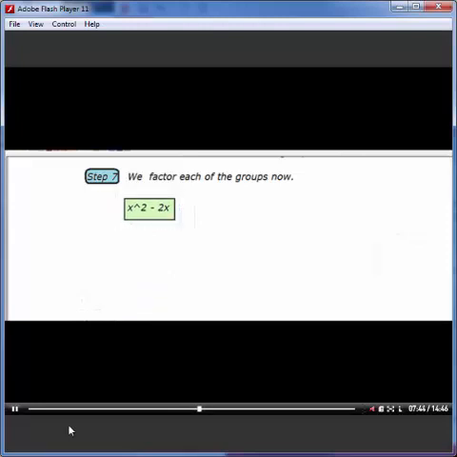The x squared minus 2x will become x times x minus 2, since the x is the common factor here, and then you will do exactly the same for the negative 3x plus 6.